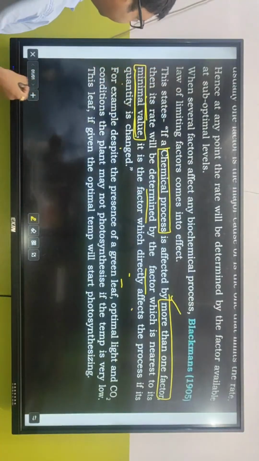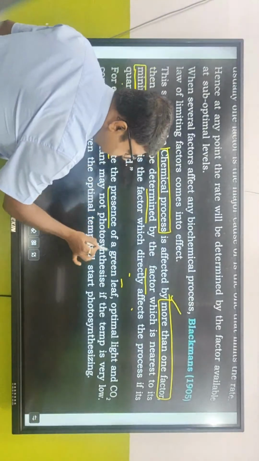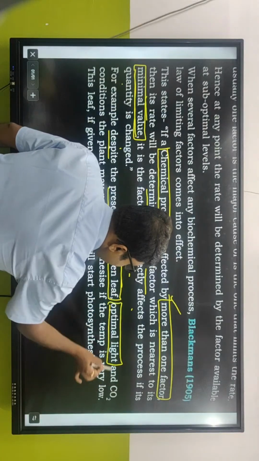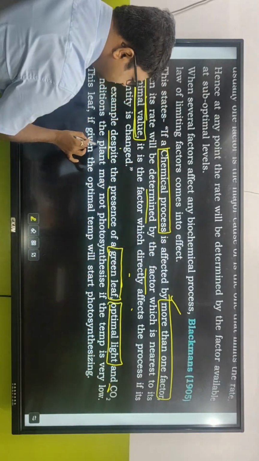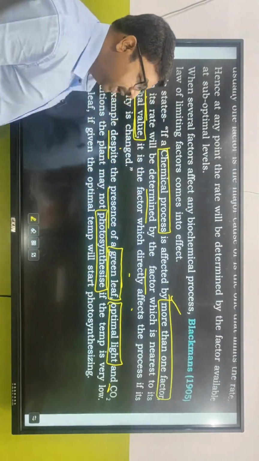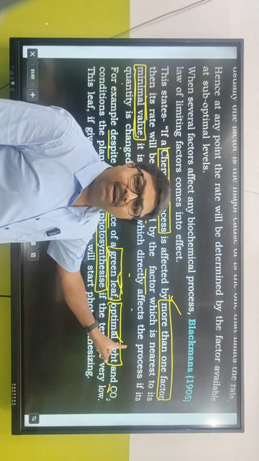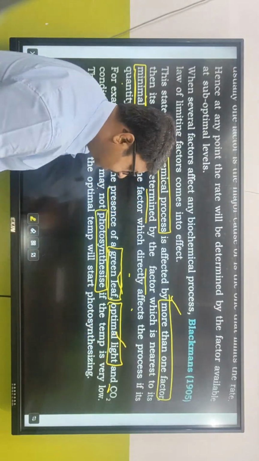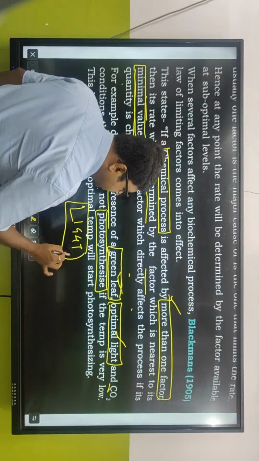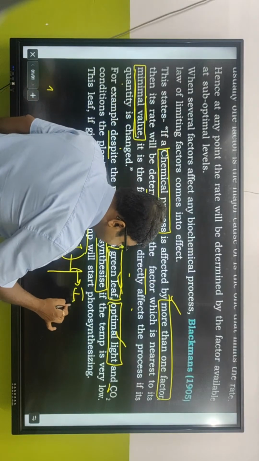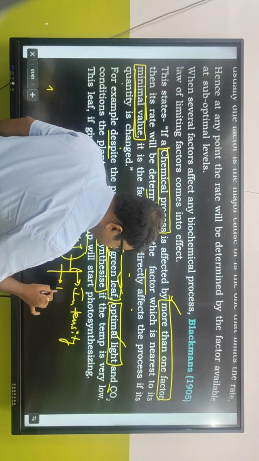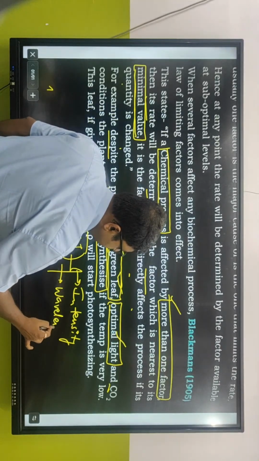দেখ বুঝে নে। For example, despite the presence of a green leaf, optimal light and carbon dioxide conditions, the plant may not photosynthesize. ग्रीन लीफ है, ऑप्टिमल लाइट है। अच्छा ये लाइट, when we talk about light, what is most important about light? Intensity of light or wavelength of light is important?